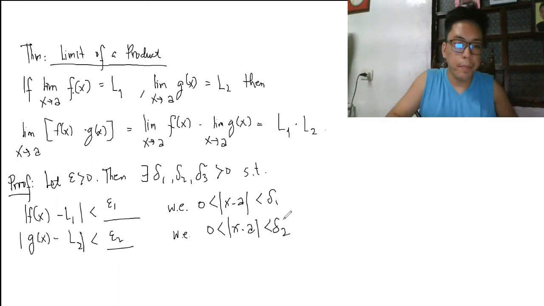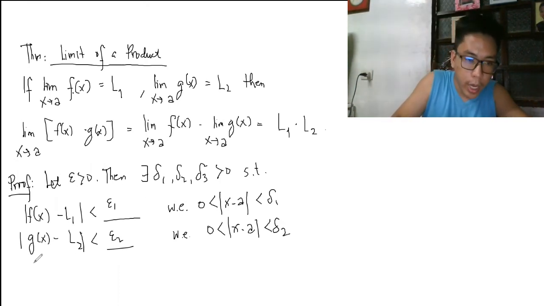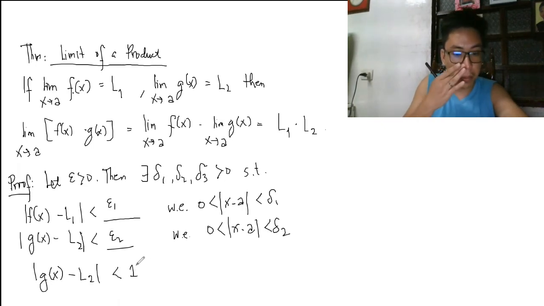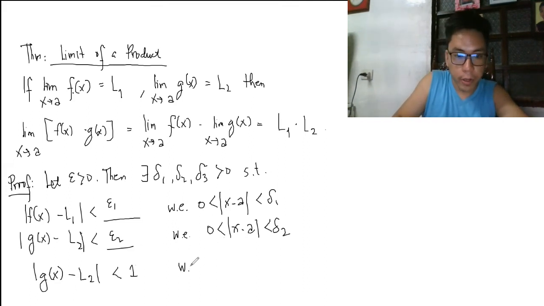Okay, you might be confused why I am adding another inequality here. I have the absolute value of g of x minus L2 less than 1 whenever 0 is less than the absolute value of x minus a, less than delta 3.